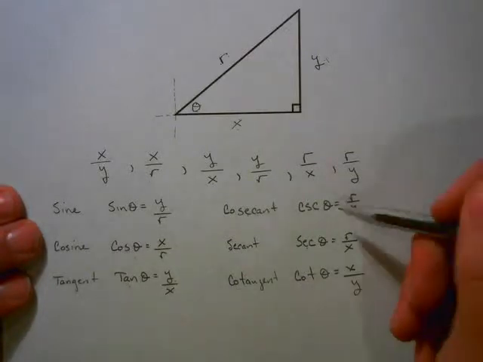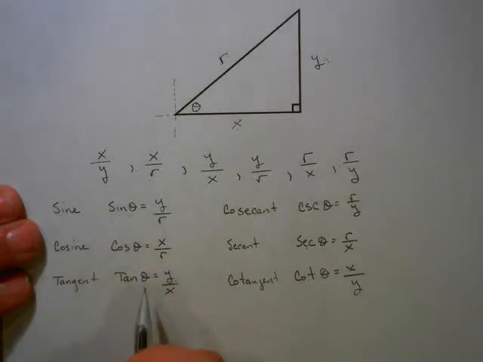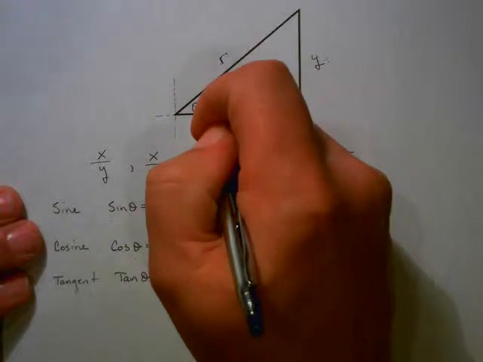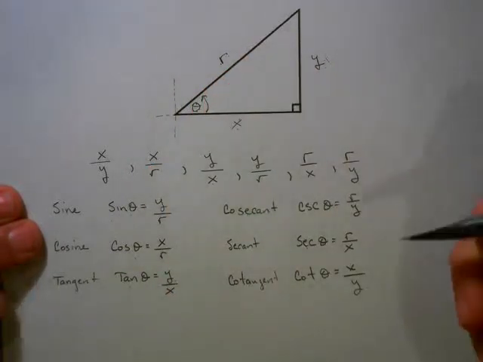Make sure you know your abbreviations and don't lose your angle. If you just put TAN equals, you'll lose credit because it's a tangent of some angle. We're referring to this central angle right here in standard position.